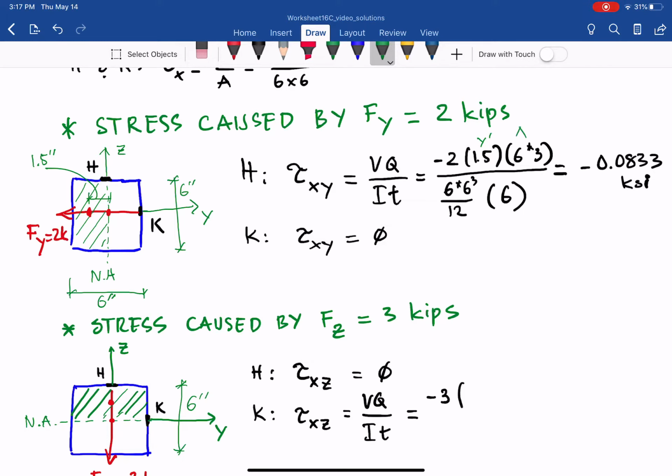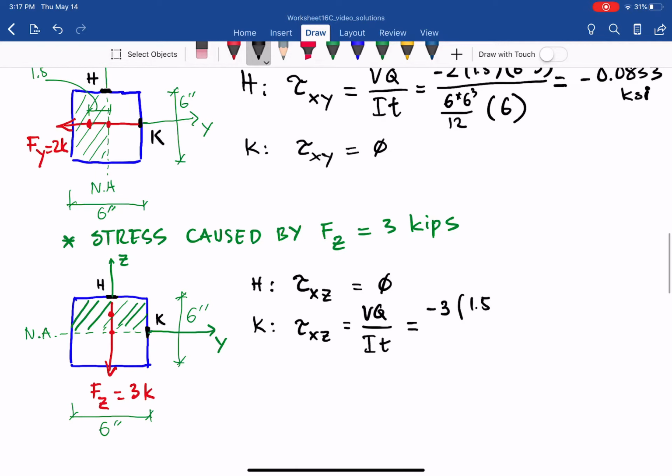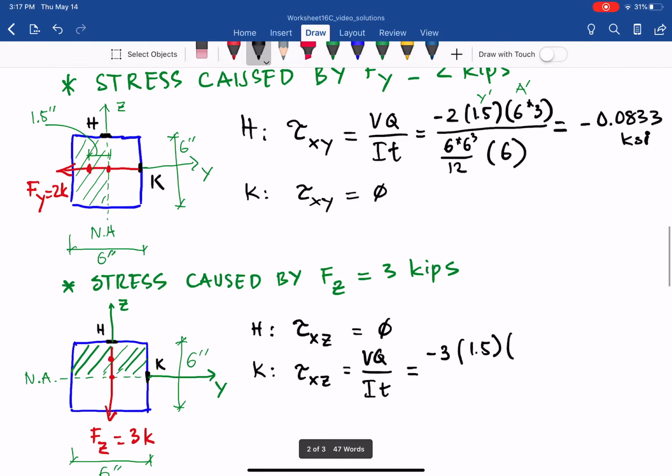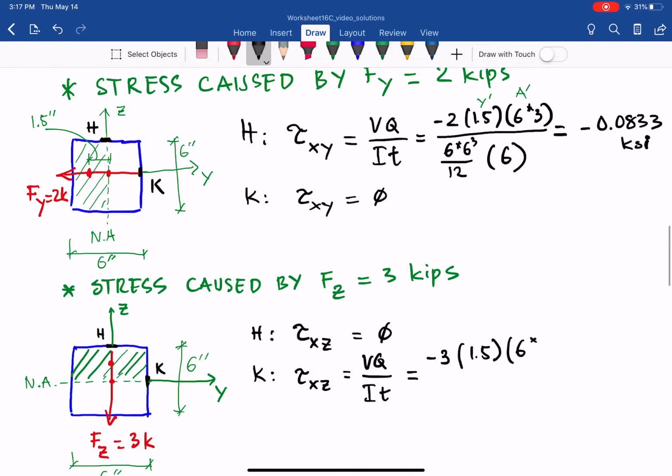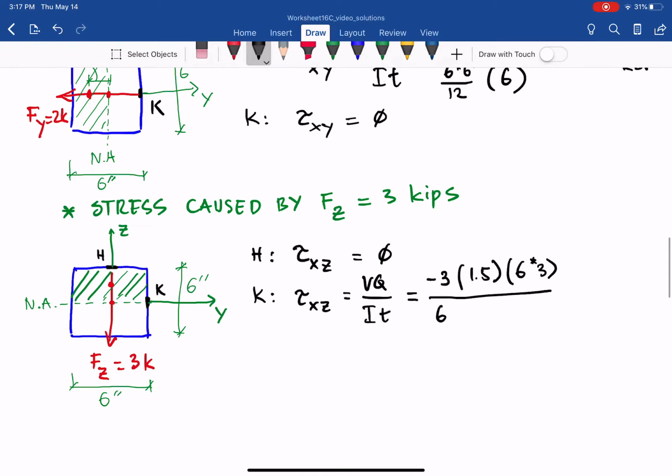Then this Y bar is put down here, Y bar, and this is A apostrophe, the outward area, so it will be 1.5 times the outward area, 6 times 3, divided by the I, the same, 6 the width, the depth of the beam or the shaft or the rod, 6 cubed over 12, and the thickness at the K for the beam in here, that is 6 inches.